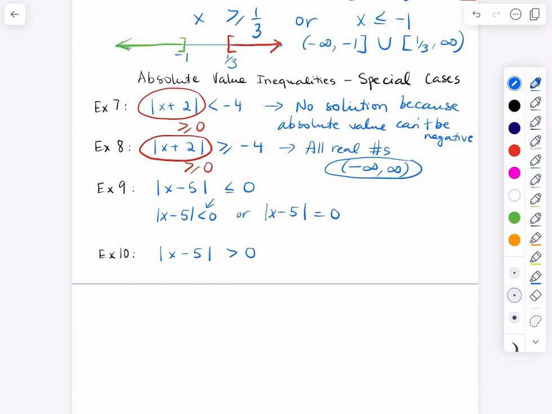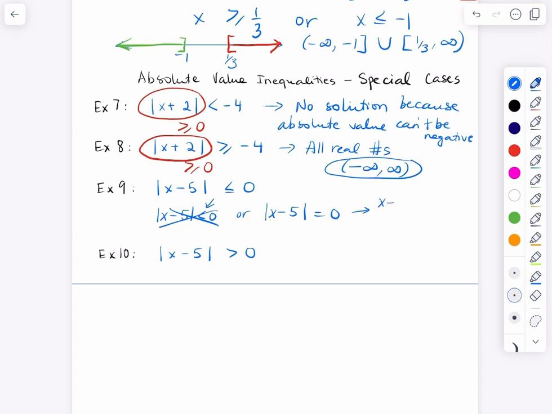With the absolute value of x minus 5 less than 0, we already determined that that can't be true based on example 7, because the absolute value of a number can't be negative. But the second part could be true. An absolute value can be 0. So if it is 0, we solve this absolute value equation.